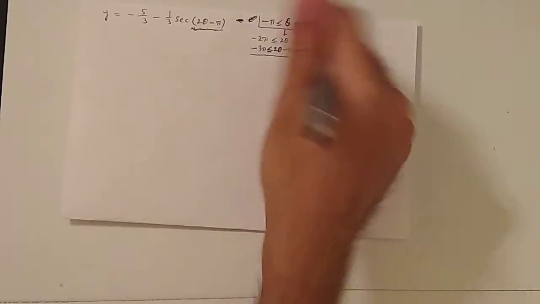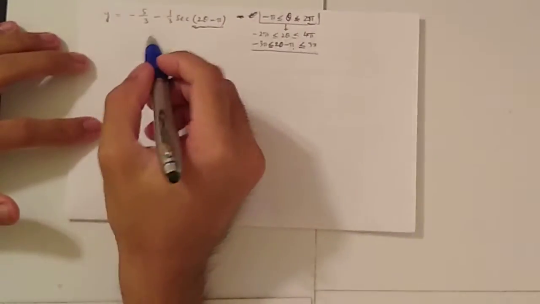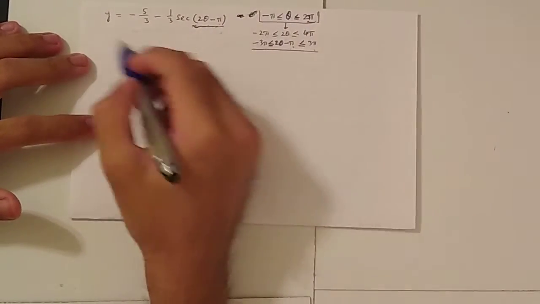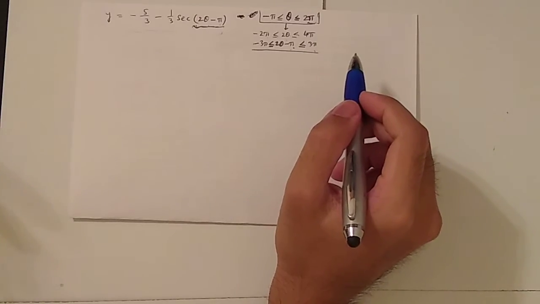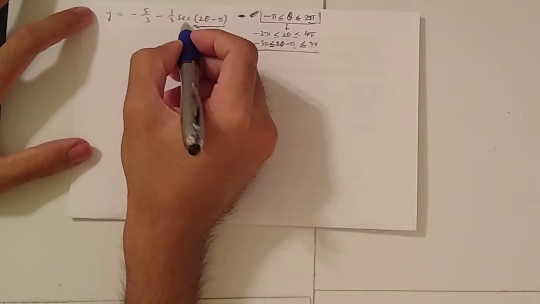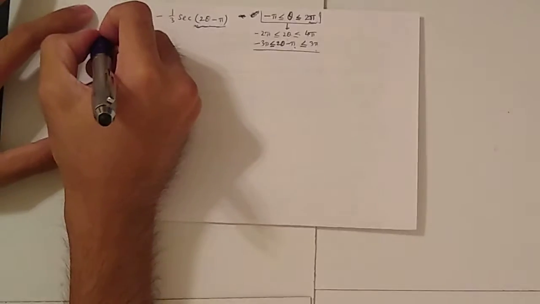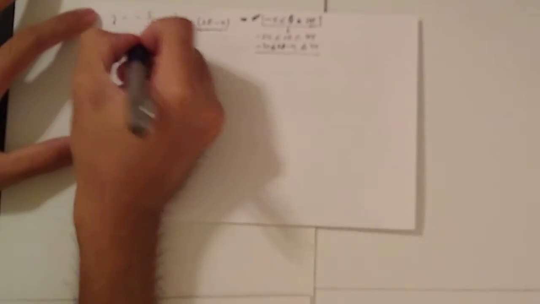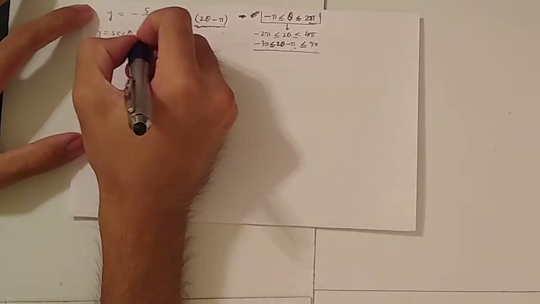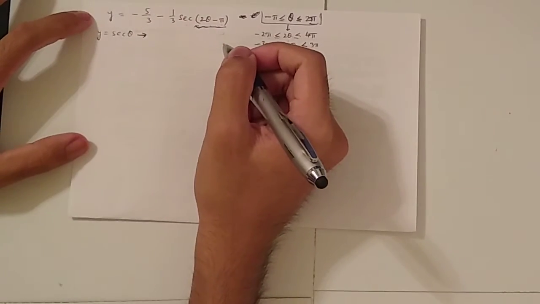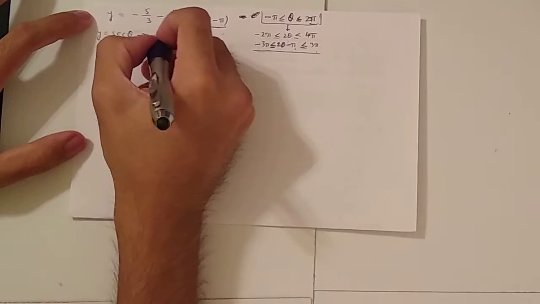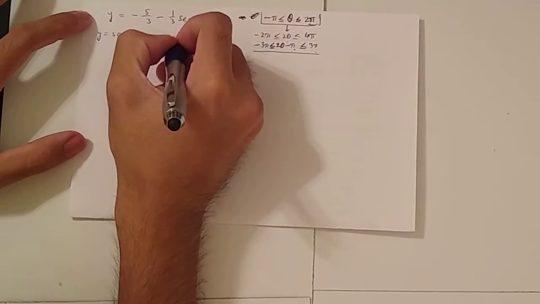Now let's start. Again, this is a complex function where we have many things going on, so we will be starting with our basic function. Our basic function is going to be sec theta, so y equals sec theta. From y equals sec theta, we'll move on to y equals sec of 2 theta.